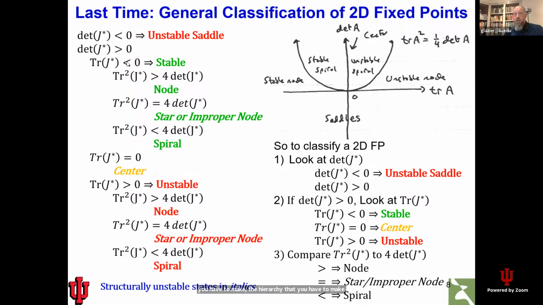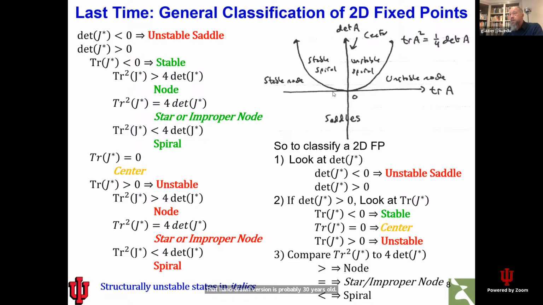But the first question is, if the determinant is negative, then you have an unstable saddle. You have one positive, one negative eigenvalue. I really should have a computer-drawn version of this rather than a hand-drawn version. I guess that hand-drawn version is probably 30 years old. I just propagated it.